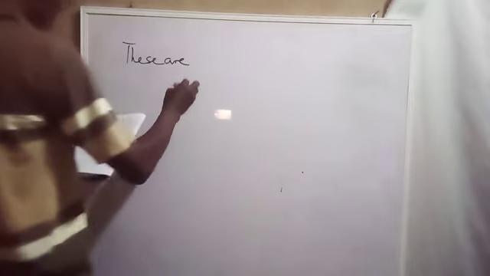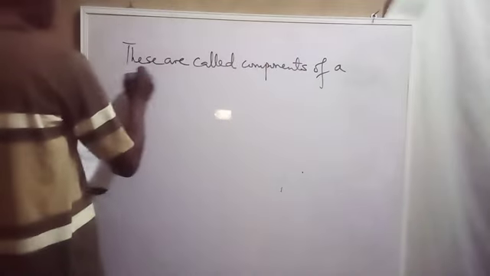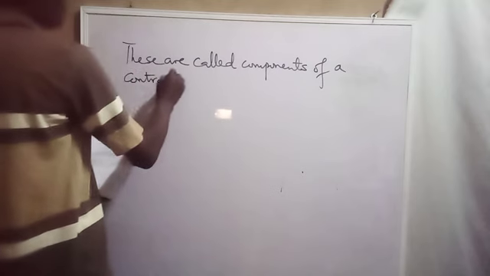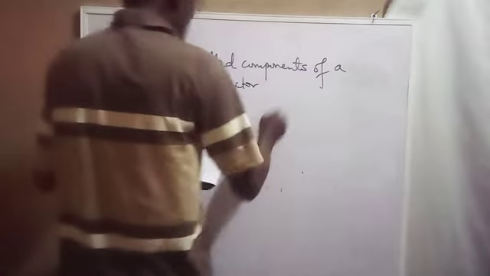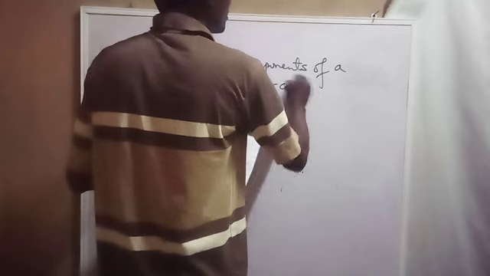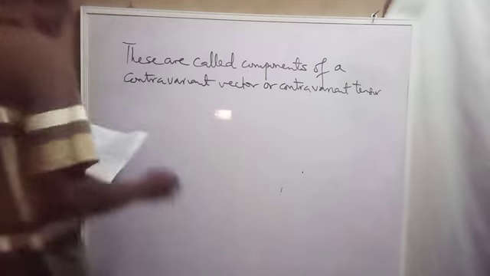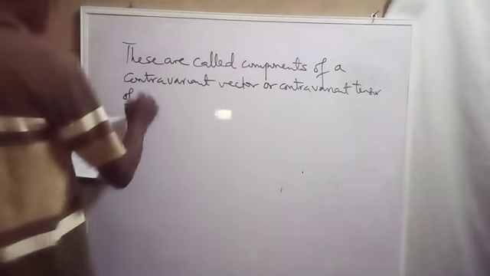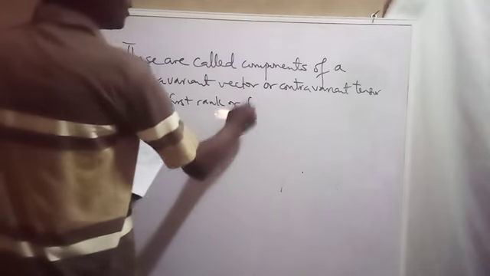These are called components of a contravariant vector, or contravariant tensor of the first rank, or first order.